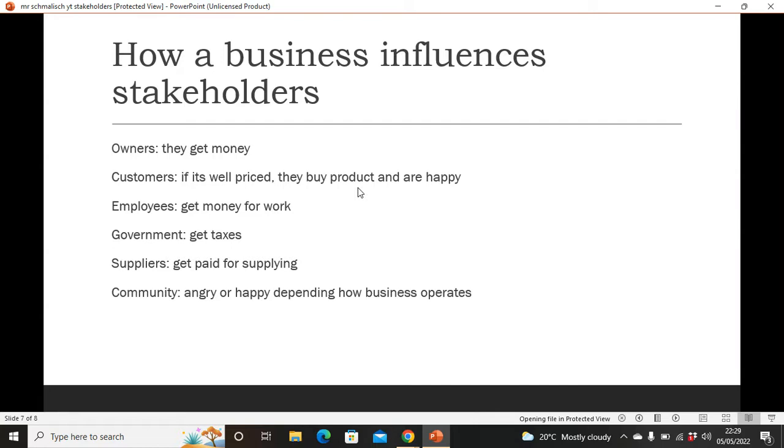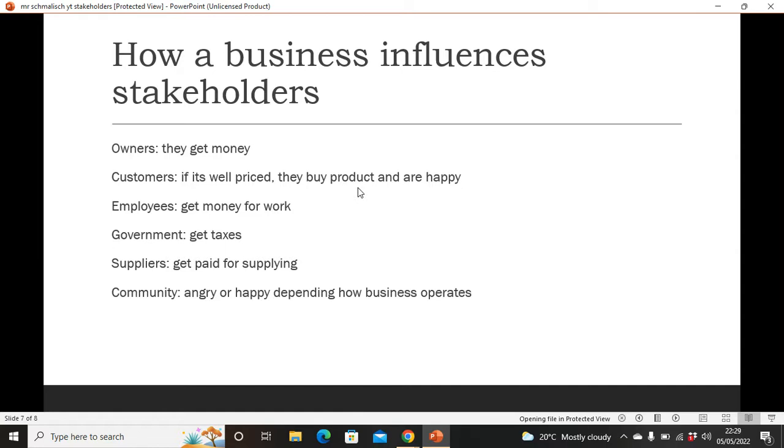how a business influences stakeholders. A business can influence customers because they're in charge of the price. If they lower the price, that's probably going to influence more customers to buy. The business can influence employees, because ultimately, if they don't need any more employees, they can get them sacked, and that's going to affect the employee's main aim of getting money.